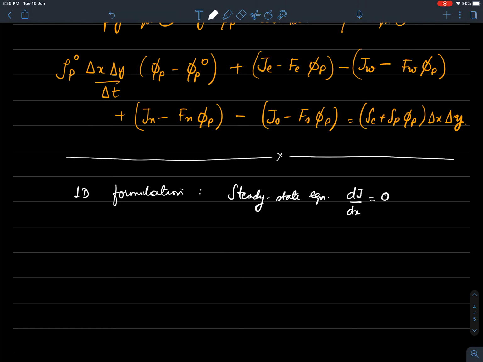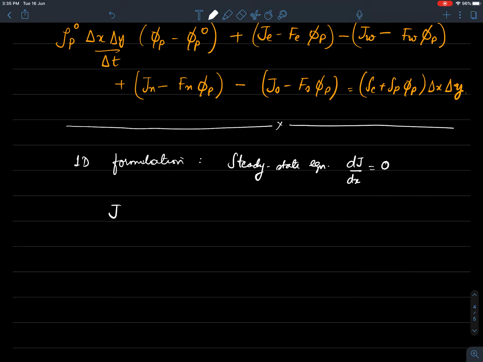Using this equation, if you recall from the last few lectures, we had shown that the flux at the E face is Fe phi p plus Fe phi p minus phi e by exponential of Pe minus 1.